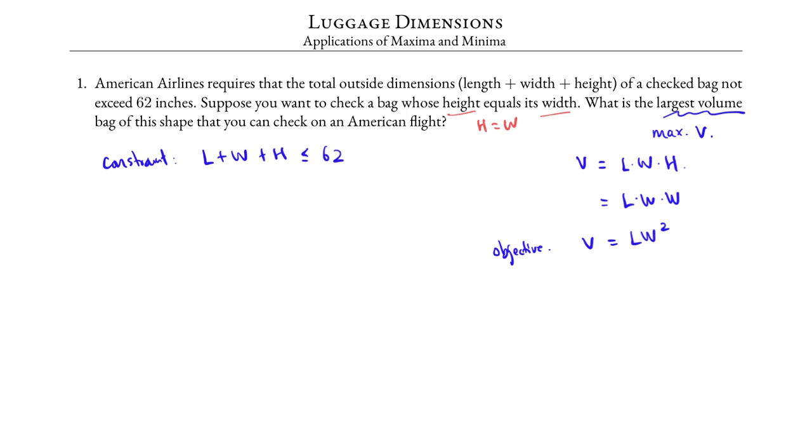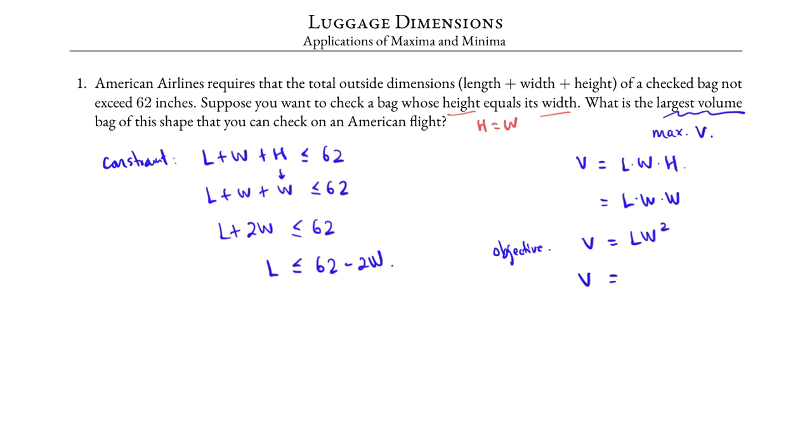But again, the height equals the width, so this is L plus 2W less than or equal to 62. Isolating L, we have L less than or equal to 62 minus 2W. Although this is an inequality, for the purpose of getting rid of one of the variables in the objective equation, we assume that this is equality for now.